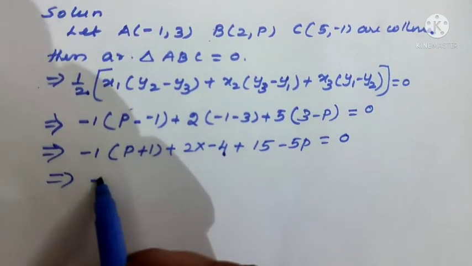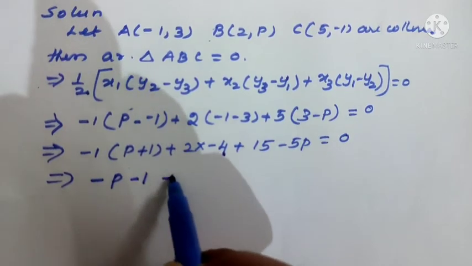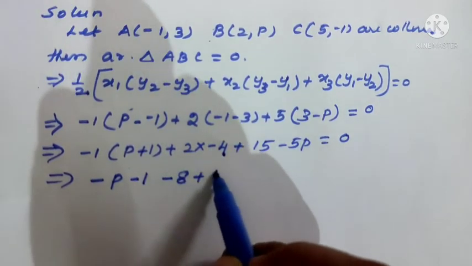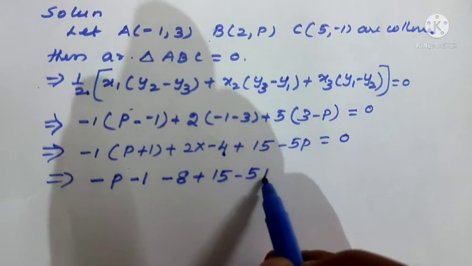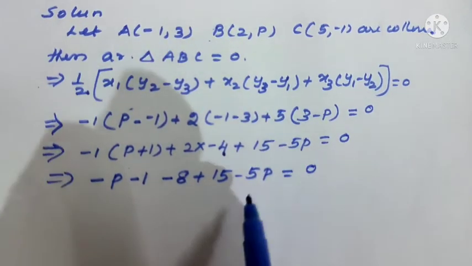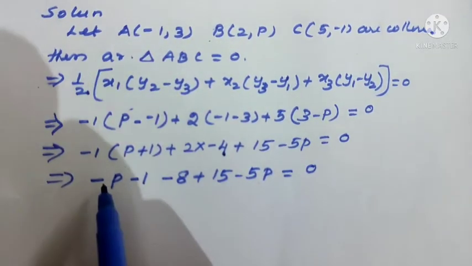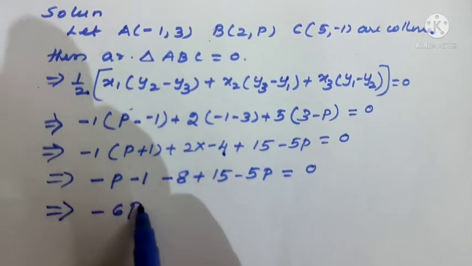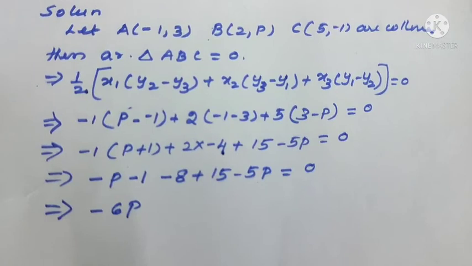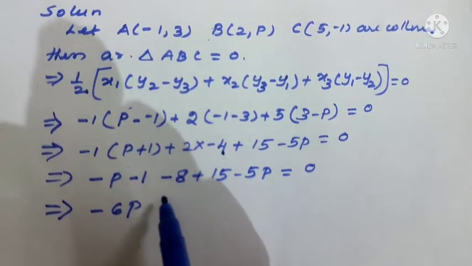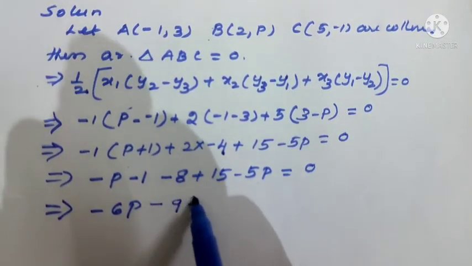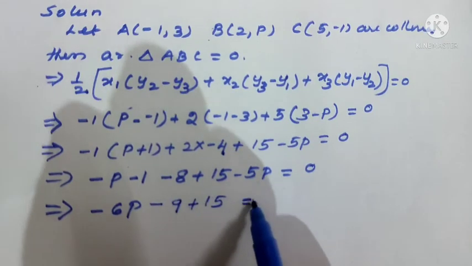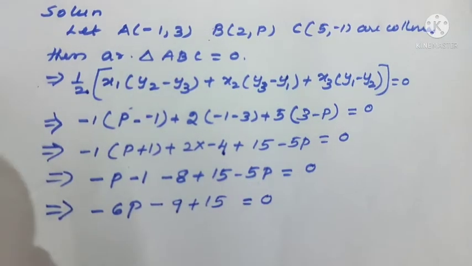So minus P minus 1 minus 8 plus 15 minus 5P equals 0. Minus P and minus 5P, that is minus 6P. Next, what are the next terms? Minus 1 and minus 8, that is minus 9 plus 15 equals 0.